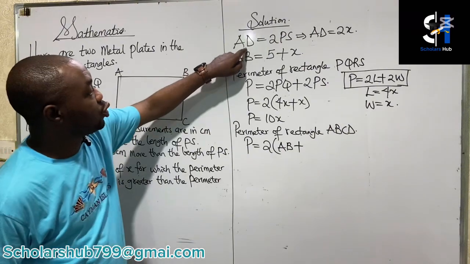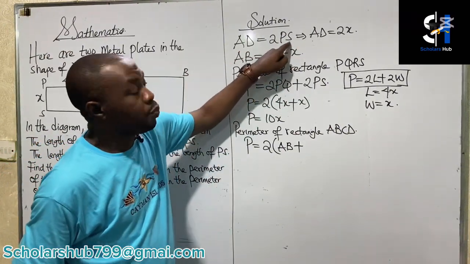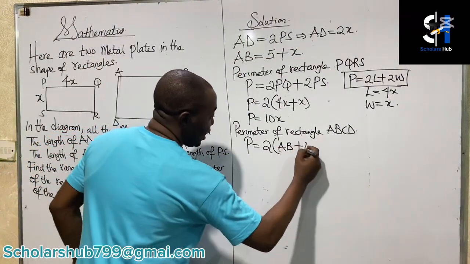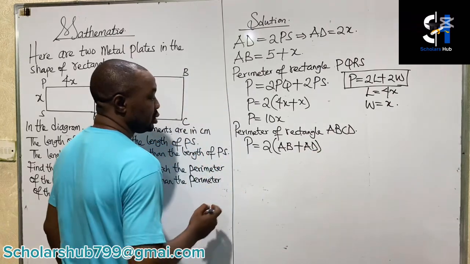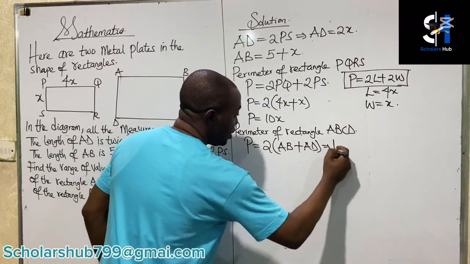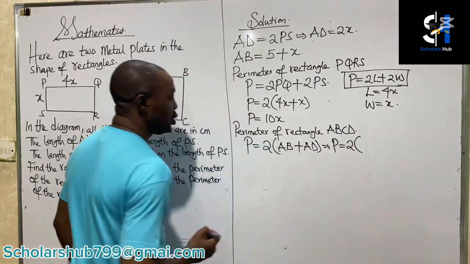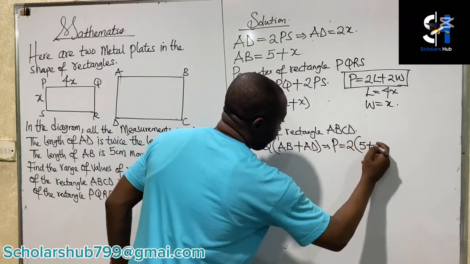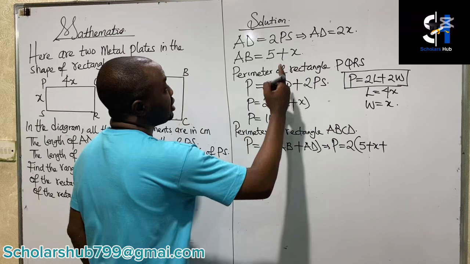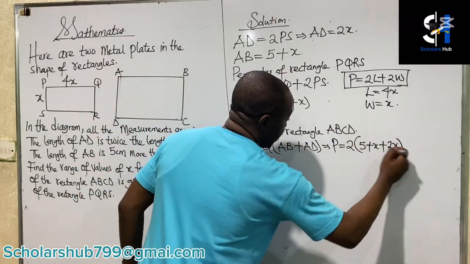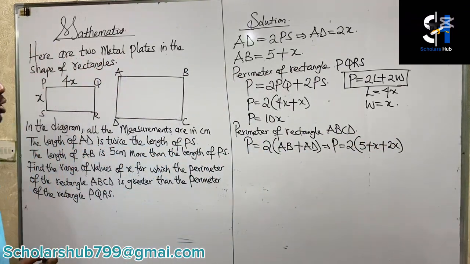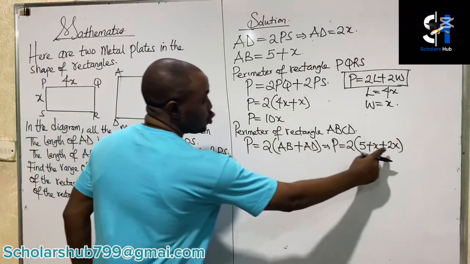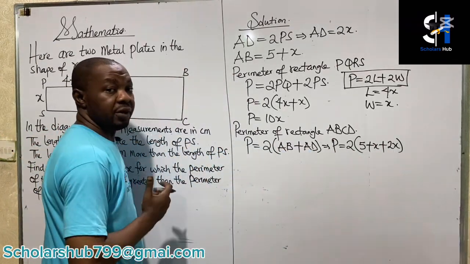We have AD to be equal to 2x. So P equals 2 into, now AB is 5 plus x, then plus AD, which is 2x.